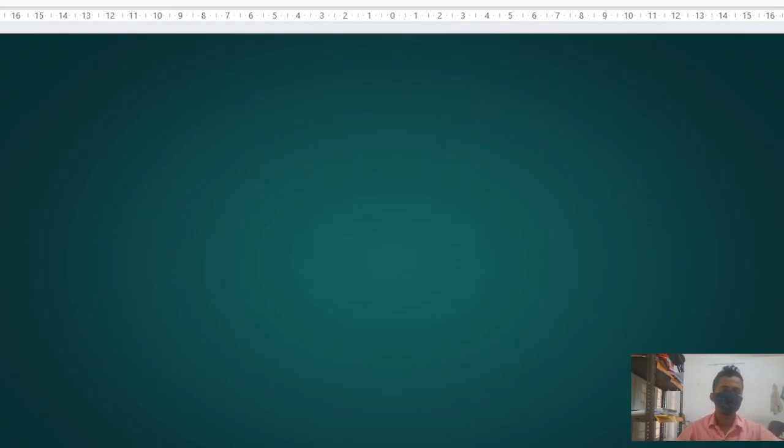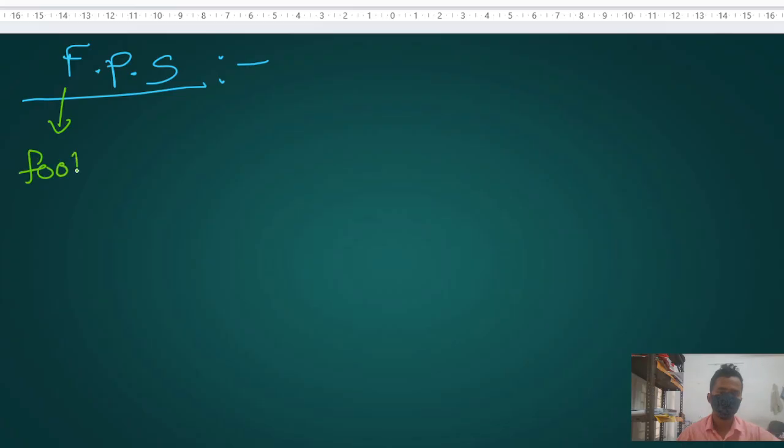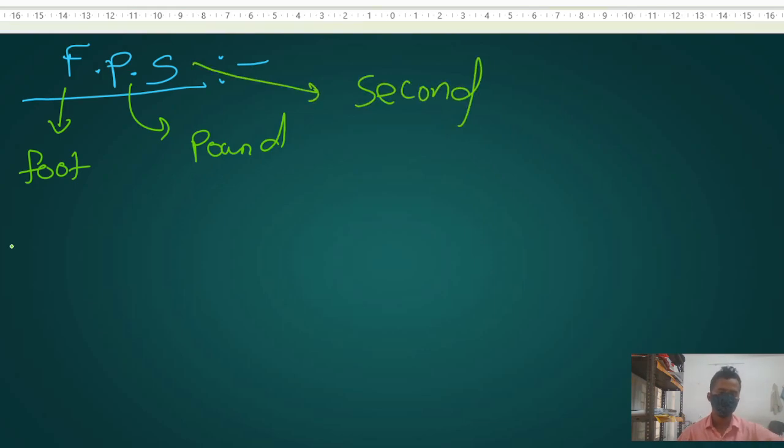So the first unit system was the F.P.S system. In F.P.S, F stands for foot, P stands for pound, and S stands for second. Let's see what is foot, what is pound, and what is second.